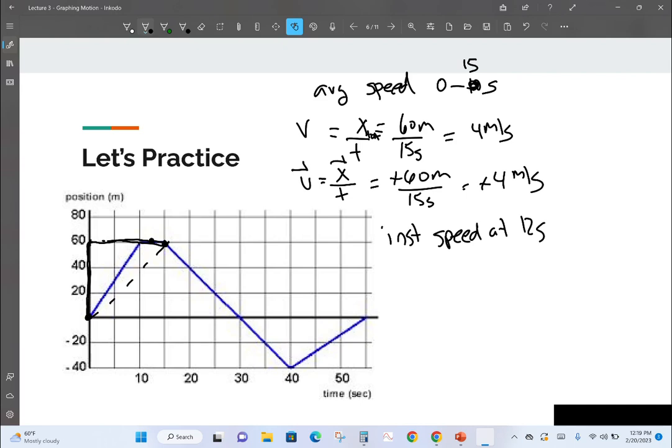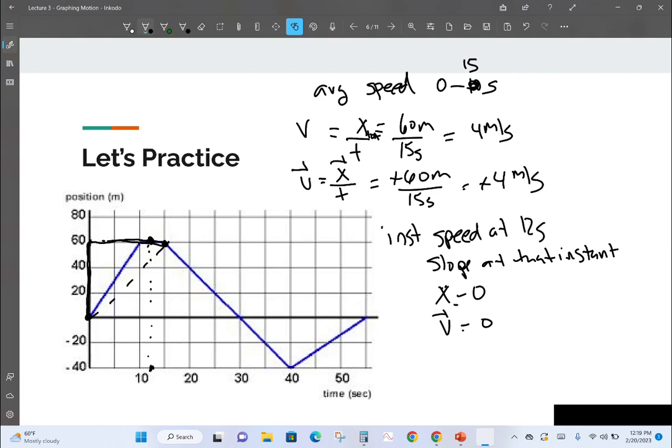At 12 seconds, right here, would be the slope at that instant. So the speed at 12 is 0, and so is the velocity at that instant.